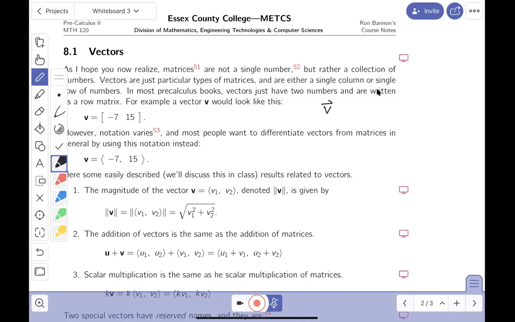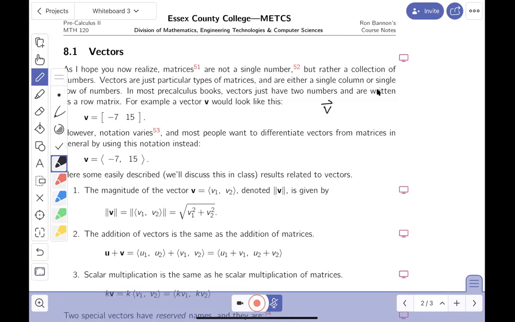So I'm going to say this is a matrix, but it's either going to be a row or column. At this level of the game, it's going to be a row vector with only two elements in it. If we look at the vector V over here, it's a matrix where row 1 is -7 and 15. So it has one row and two columns.